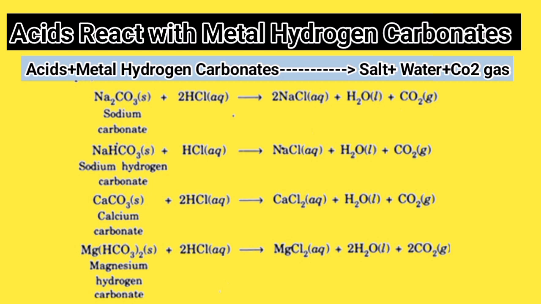In the case of hydrochloric acid reacting with magnesium bicarbonate, it produces magnesium chloride and water molecules, and next, carbon dioxide gas. So these are all examples of acids reacting with metal hydrogen carbonates to produce salt, water and carbon dioxide gas.